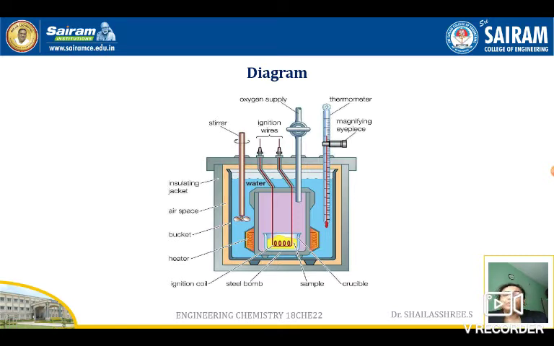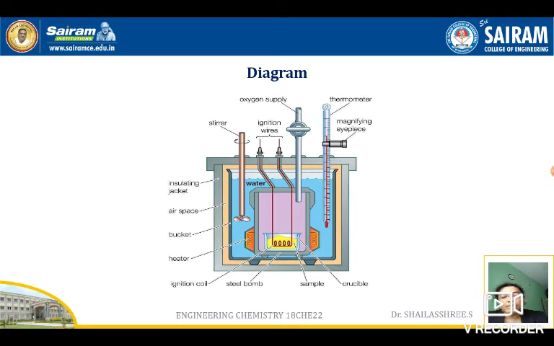So this is about the construction. You have to write a neat labelled diagram like this in construction. A bomb calorimeter consists of a platinum crucible where the fuel sample is kept. This is closed by an airtight apparatus called a bomb, which is made of steel, a stainless steel bomb. This setup is completely wrapped with a copper apparatus called a calorimeter.